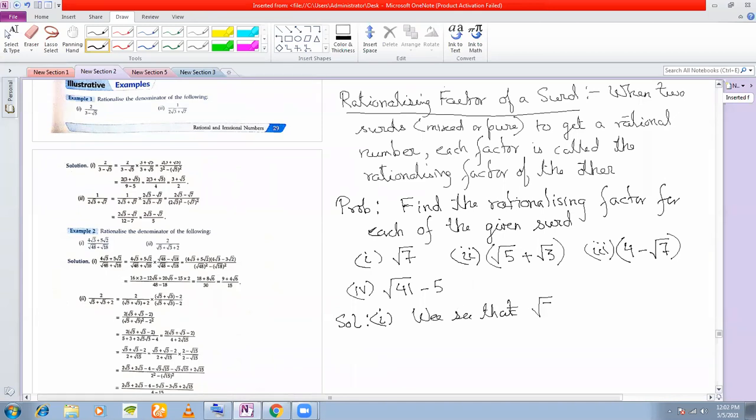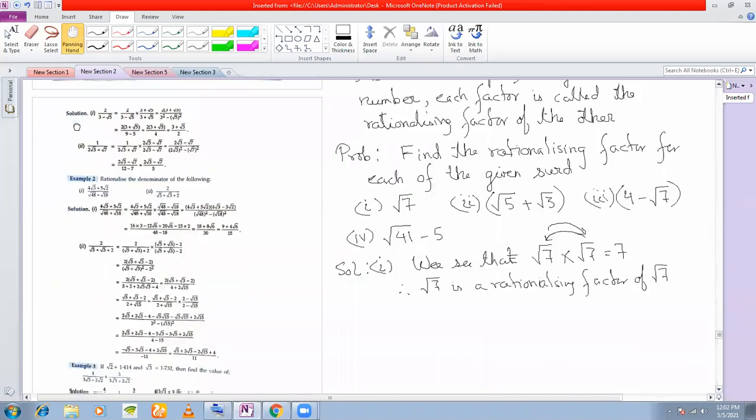Root 7 multiplied with root 7 will give you 7, right? So therefore root 7 is a rationalizing factor of root 7. Understood? This is called the rationalizing factor of this, and this is called the rationalizing factor of this.